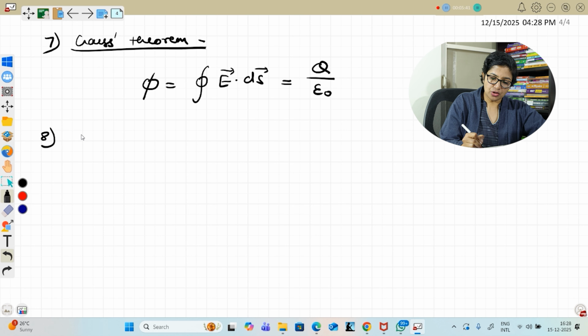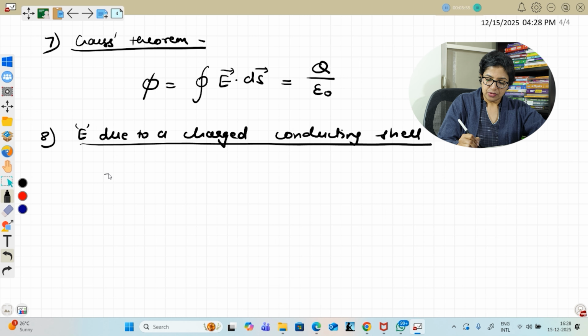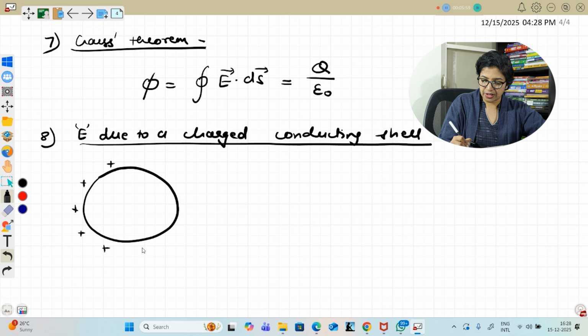Now, using Gauss's theorem, we found the electric field due to a charged conducting shell. Suppose its radius is r, and the total charge present on the surface is q.